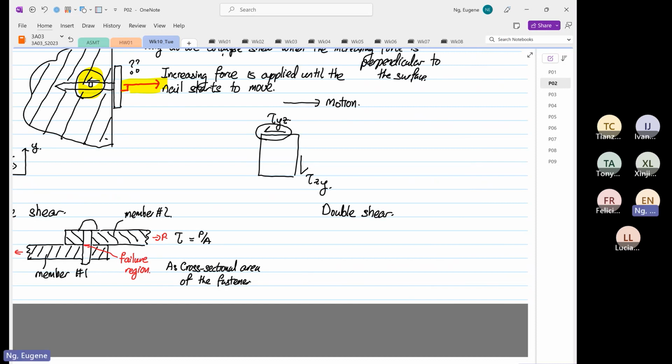Okay, again, I'm going to draw our bolt or our fastener. Then I'm going to draw our plate.